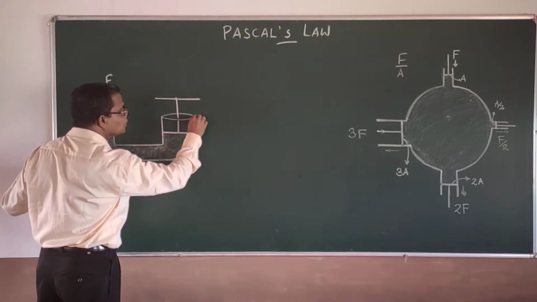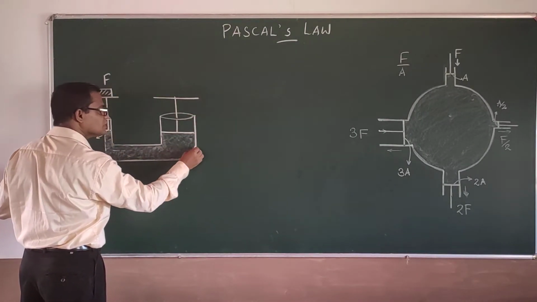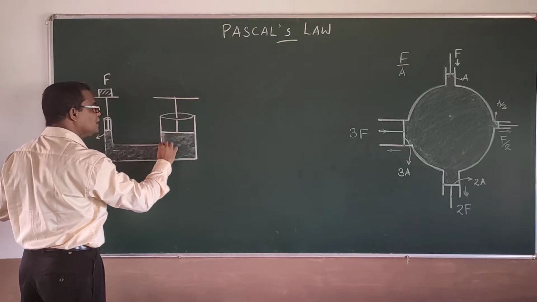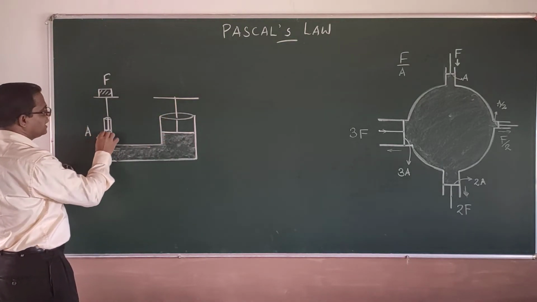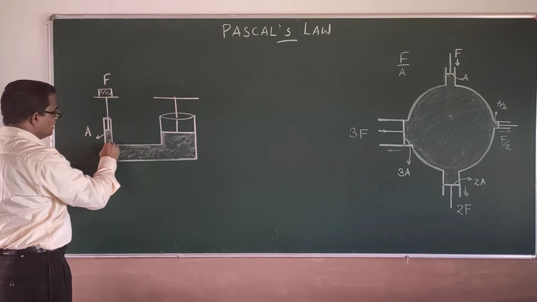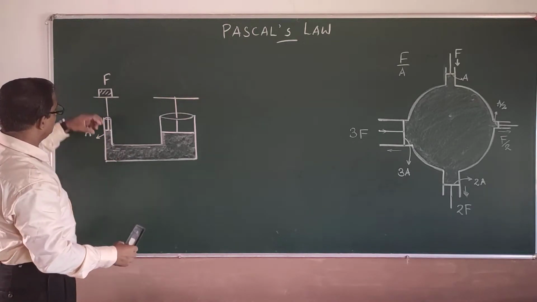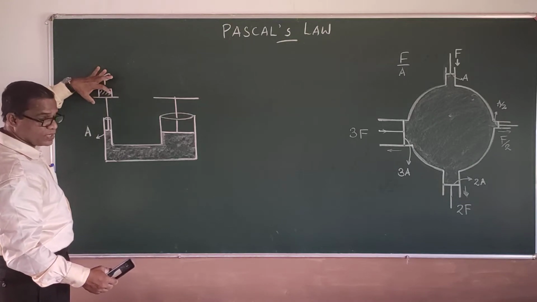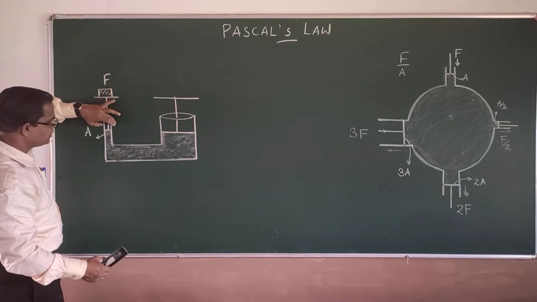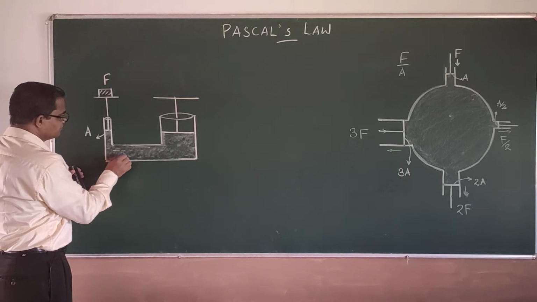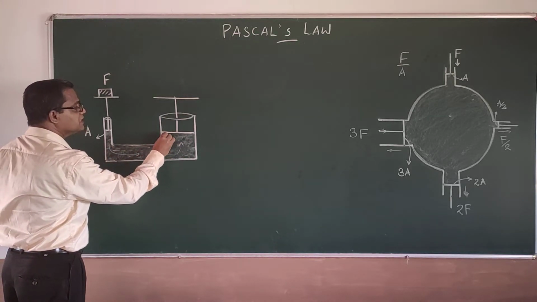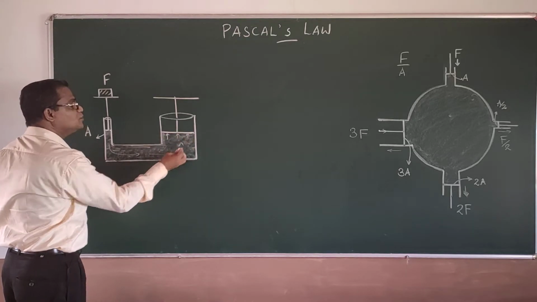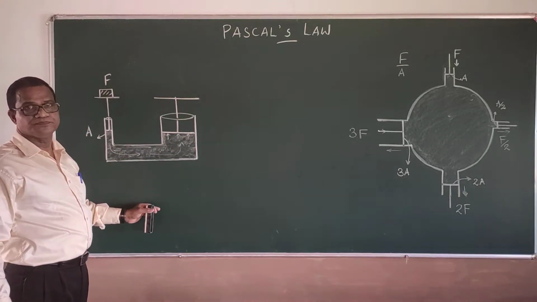A fluid is enclosed, airtight. As you apply a force on this piston, it will be going down, and you can see that the pressure transmits through the fluid and reaches here, pushing this piston up.